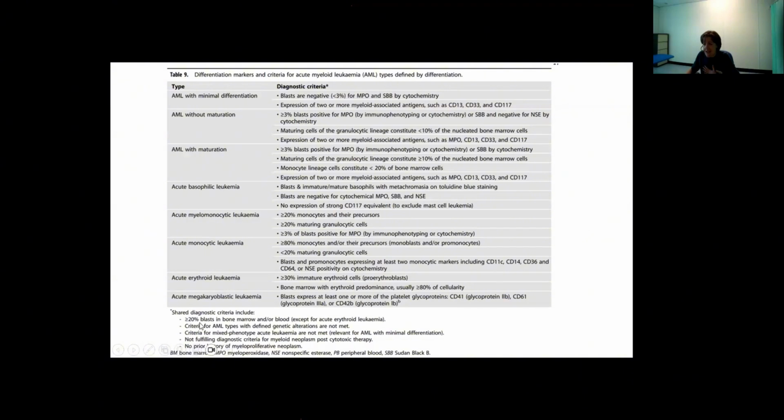But ultimately, you need to have more than 20% blasts in the bone marrow and/or the blood, except with acute erythroid leukemia, when it's more than 30%. You use this when you either don't have access to the genetics or you don't have any genetic aberrations found if you're able to access the genetics.